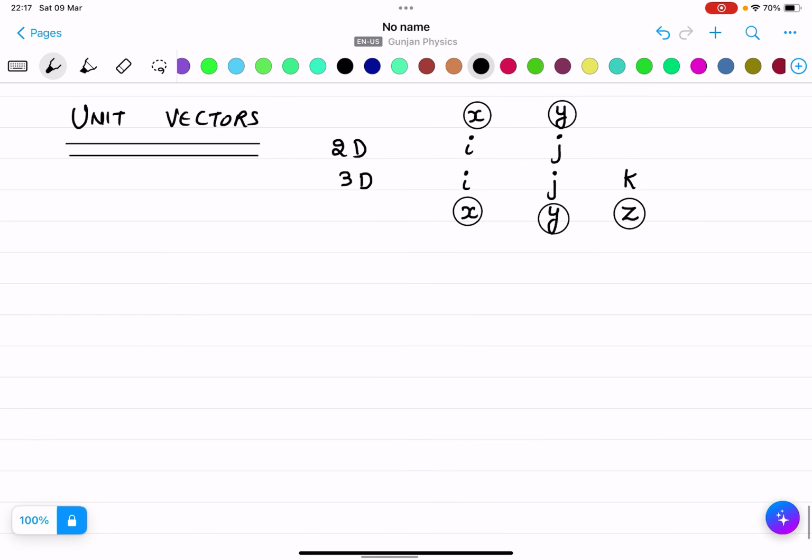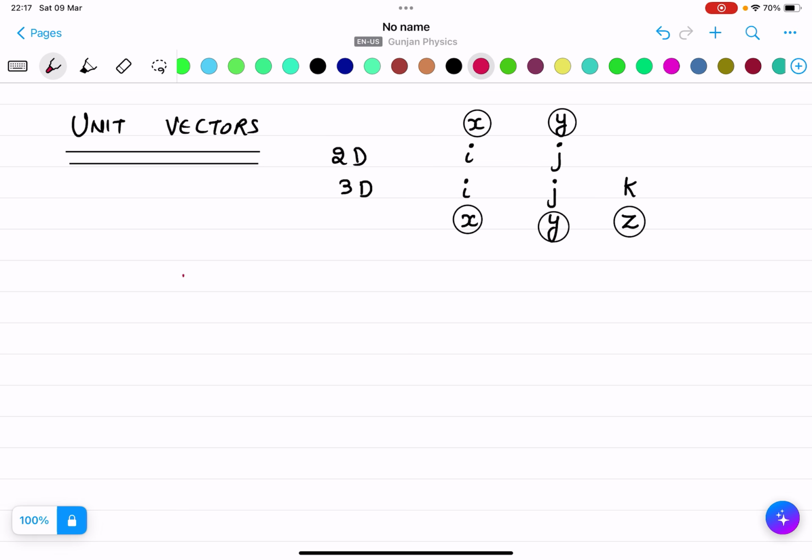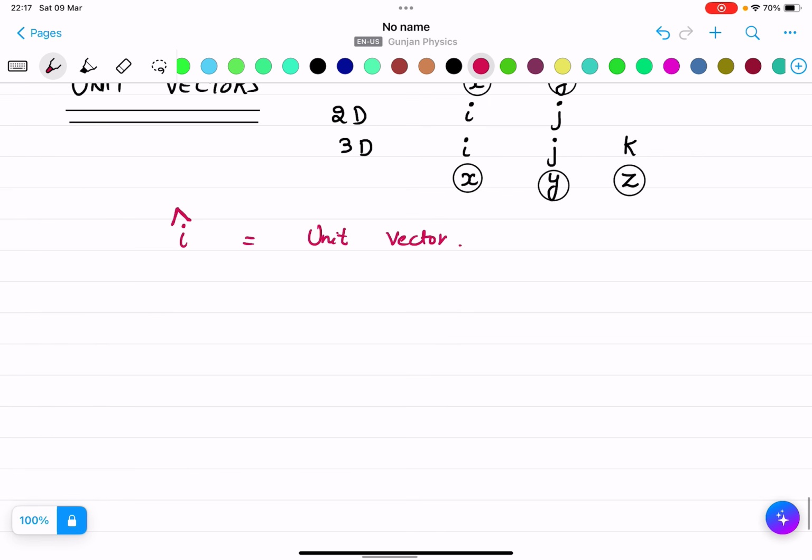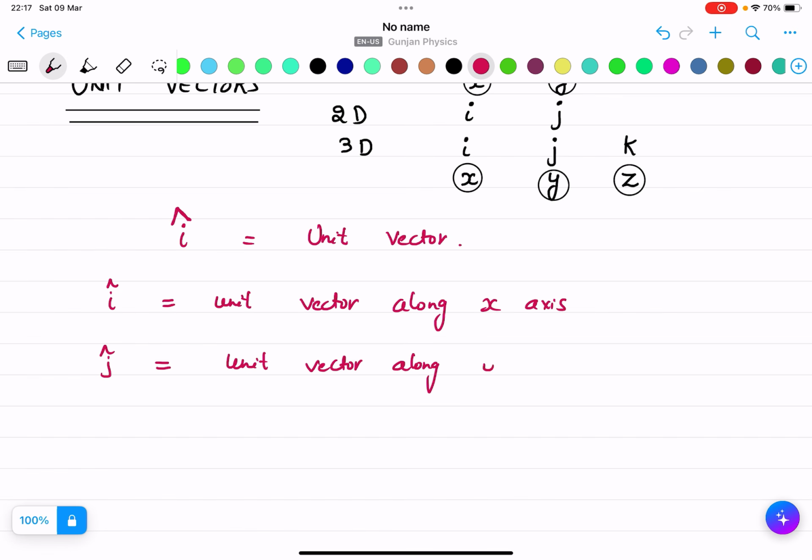So a unit vector is denoted with the help of a cap like this. This is basically a unit vector. So if I am saying i vector is a unit vector along the x axis and j is the unit vector along the y axis.